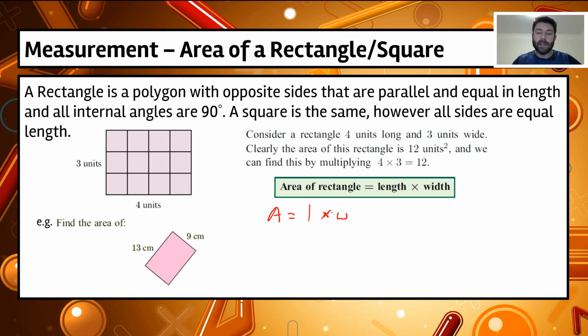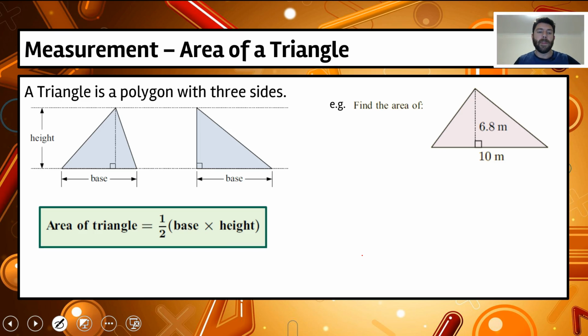Next is substitute: the area equals 13 times 9. If we calculate that, 13 times 9 is 117, and our units here are centimeters, and they're squared units, so 117 centimeters squared.